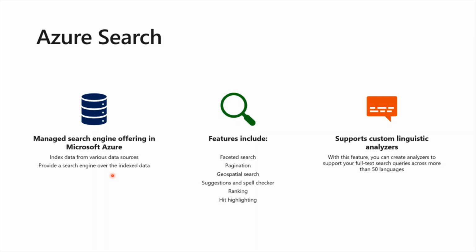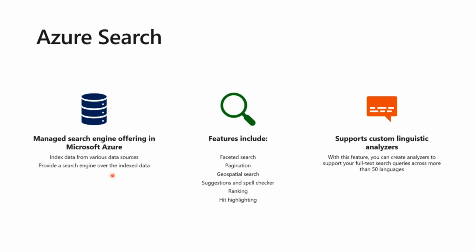You can also add Geo Search for find near me, language analyzers for non-English, full text search, and scoring logic for search rank. So functionality is exposed through a simple Representational State Transfer, REST API or .NET SDK that masks the intricate complexity of information retrieval.